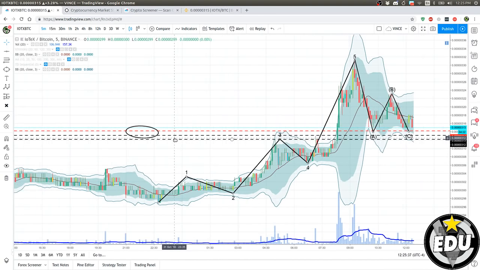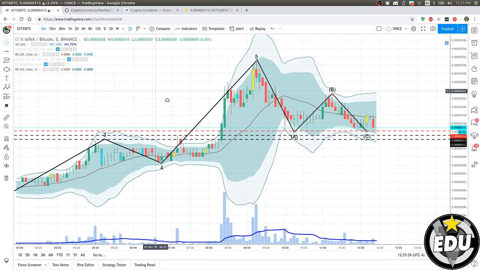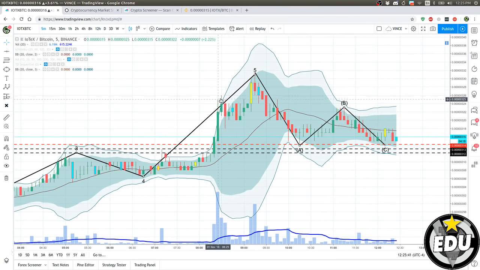Let's see, you can find a good one, like this is not a really great analysis. This is for sure a selling point. It goes out of the Bollinger Bands on both the 2 standard deviation and the 3. It dropped, and it was a good sell, but then it went up again. So this was the one.